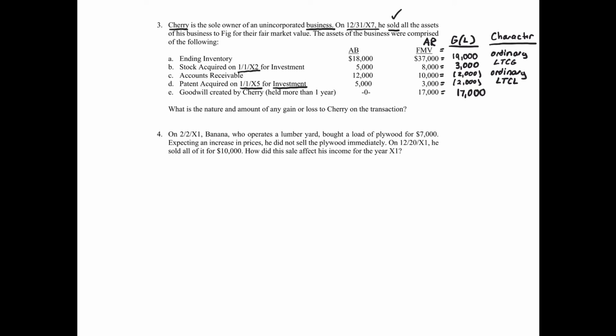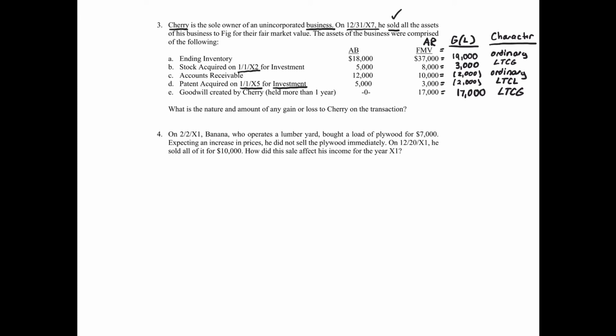We're going to assume that as well. We'll talk later in the intellectual property discussion about goodwill, but right now we're just on the basics. So we're going to assume, like most courts have held, that this self-created goodwill held for more than a year is going to be a long-term capital gain of $17,000. And that's really everything for number 3. You just go through, classify all the gains and losses, and you've determined each gain or loss and the character for each item. Okay, let's move on to number 4.